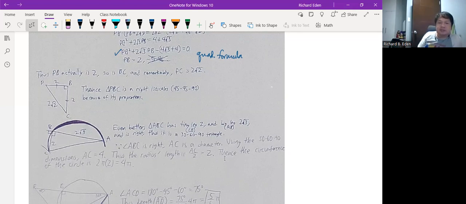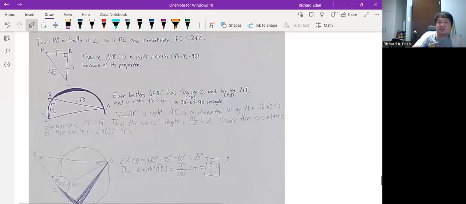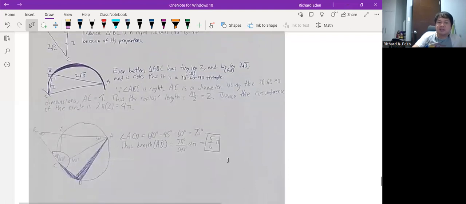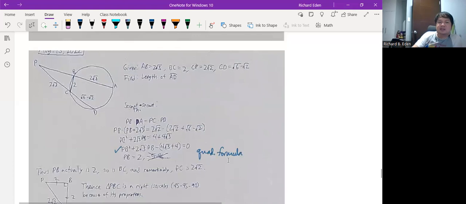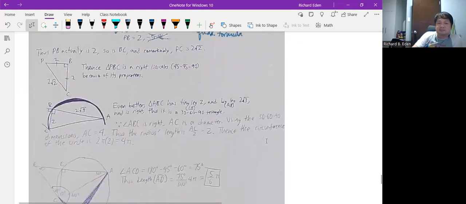So the hypotenuse AC is 4, so the radius is half of that, which is 2. So in fact, you can get the circumference 4 pi, and the thing that we're really interested in is the length of arc AD.